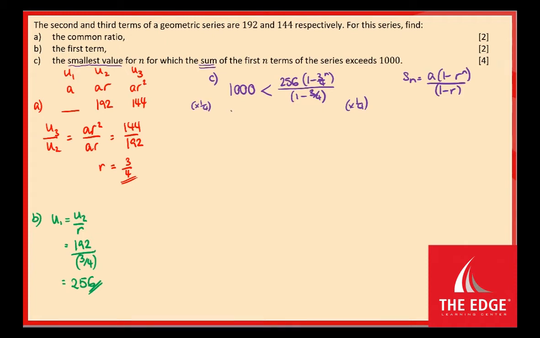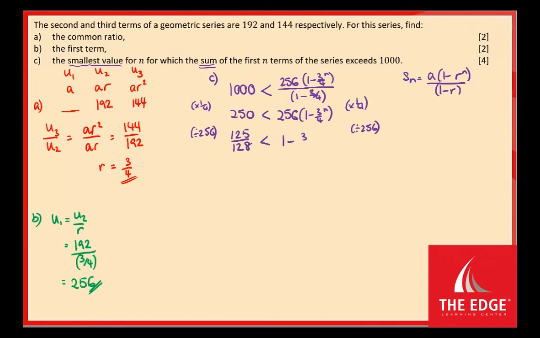So I know 1000 times 1/4 is 250. This is just left with the numerator. And then I don't want the 256, so I'm going to divide by that as well. So I'm now left with 256 divided by 250, which can be simplified down to 125 over 128.